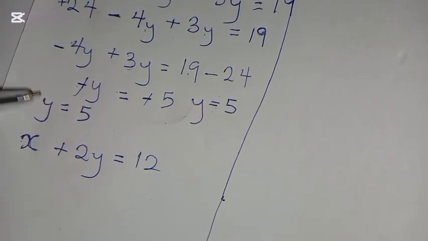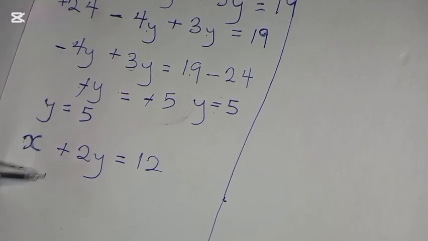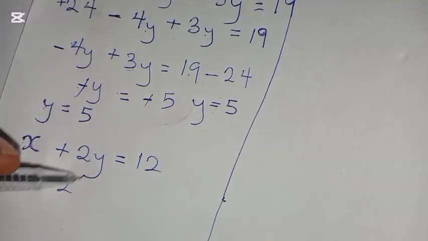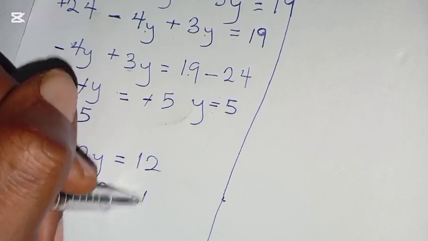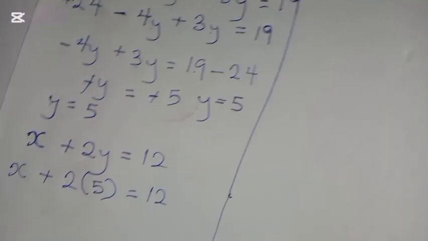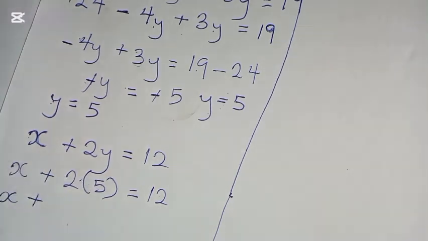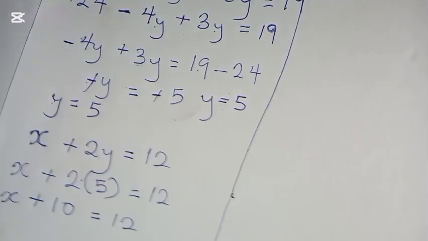So we know that our y equals 5 already. So what we're going to do here is x plus 2, whatever y is now, we just substitute it. That is 2 bracket 5 equals 12. So x plus 2 times 5, which is 10, equals 12.